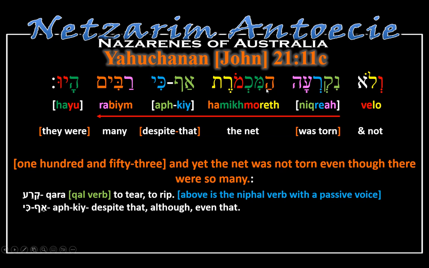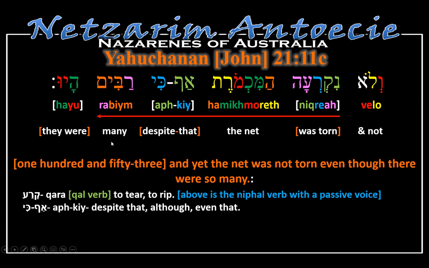Ha mikmaret, meaning the net. Af ki. Now, af can mean despite that. I looked up af ki, and it means despite that, although, even that. Right, so I've got despite that.